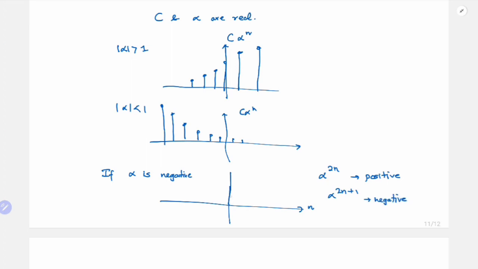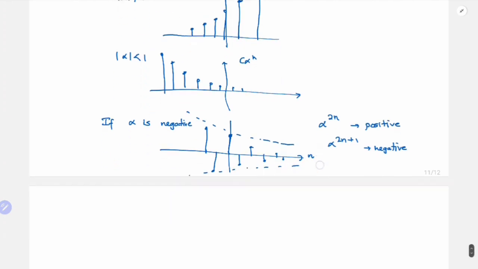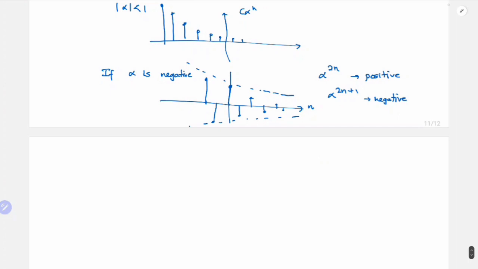So at the origin you will have some positive value, here negative. So you will have this kind of behavior, and the exponential nature also carries over. So you have this exponentially decaying. Alright? So this is observed.